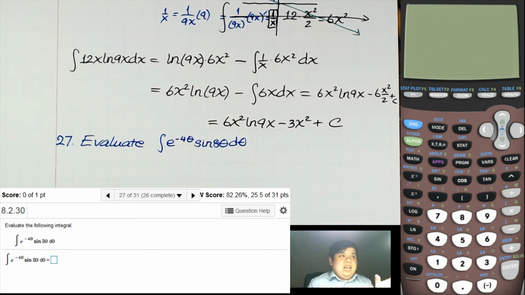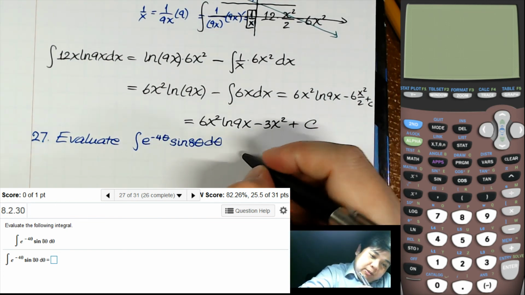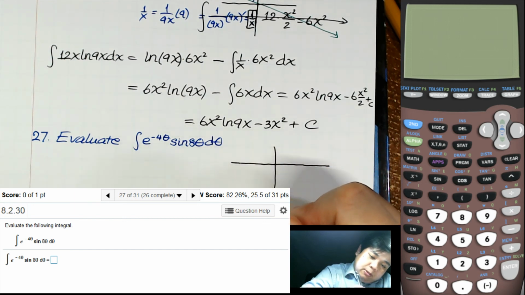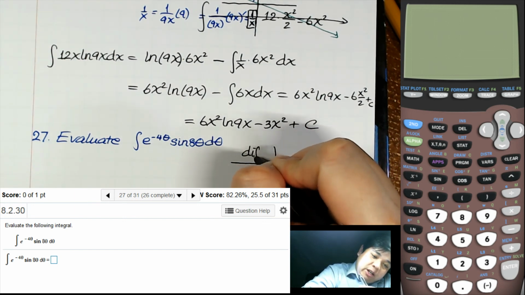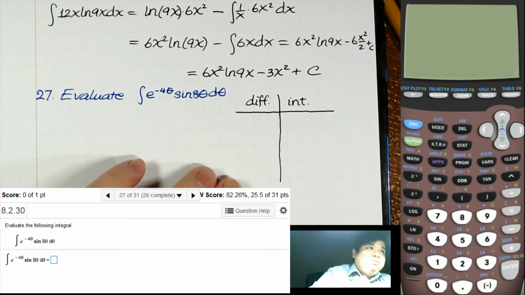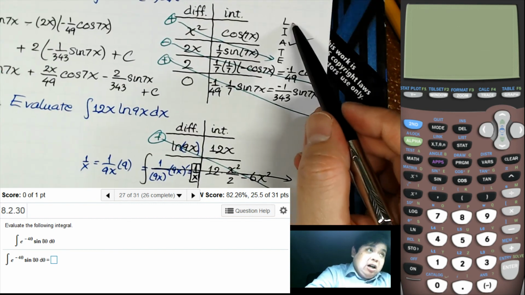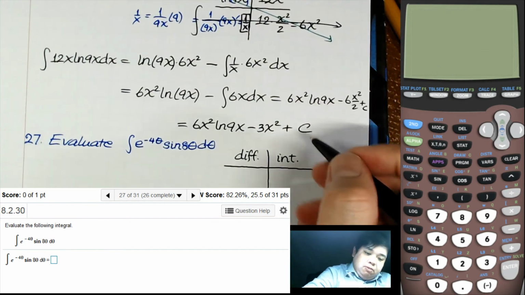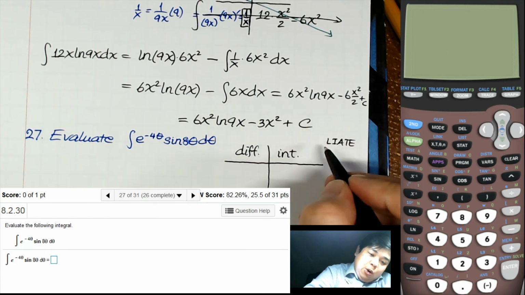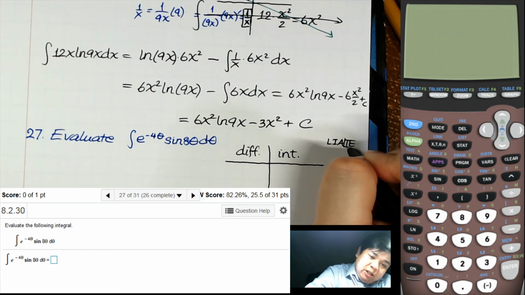So either e and then sine or e and then cosine. To be differentiated, to be integrated. Alright, classic problem. Right, so LIATE: no log, no inverse trig, no algebraic expression, but this is a trig.